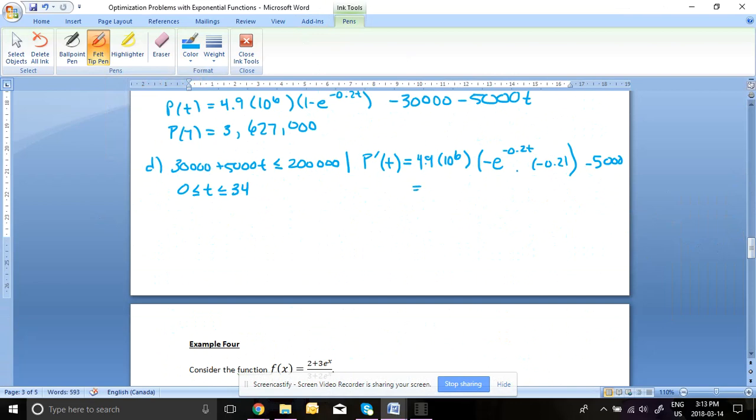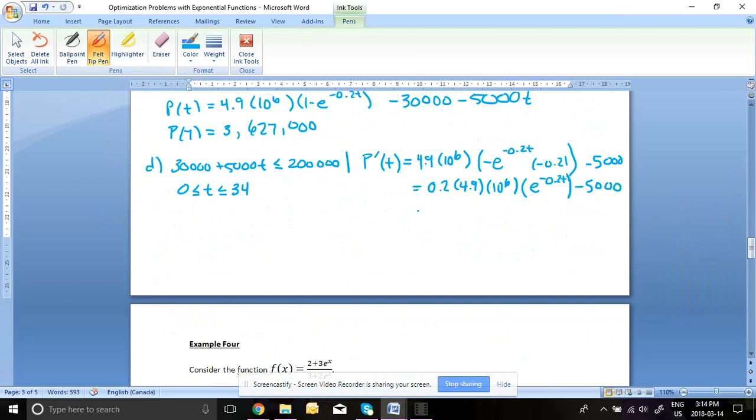I'm just going to change it a bit now. So this negative and this negative give a positive 0.2, which I'm going to throw out front, times 4.9 times 10 to the 6 times e to the negative 0.2 t. And then that's all minus 5,000.